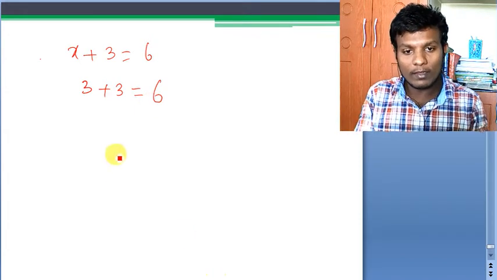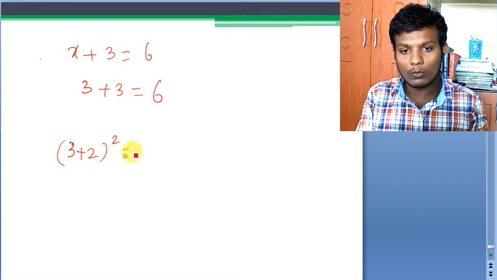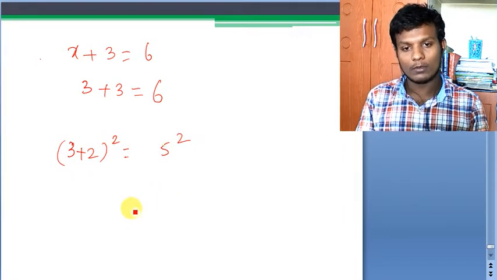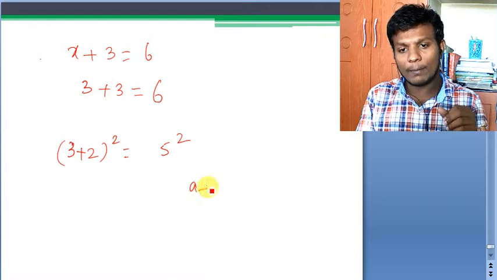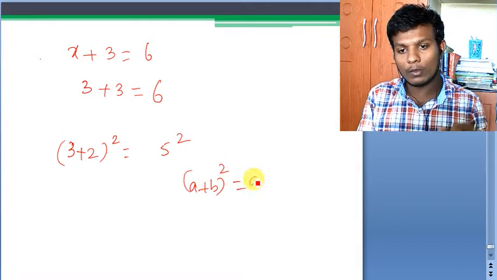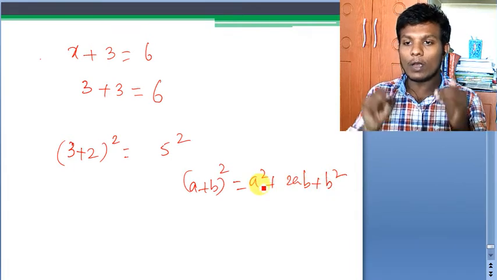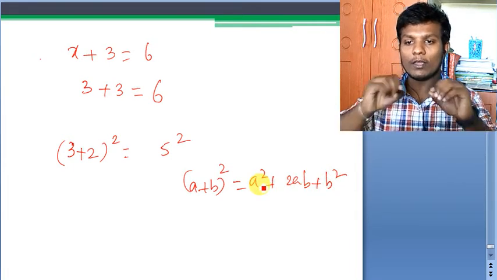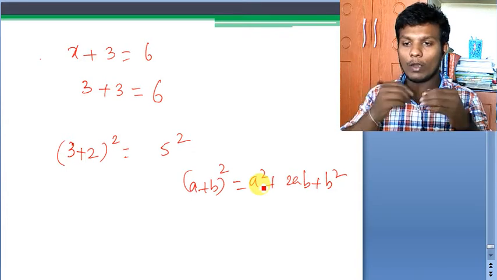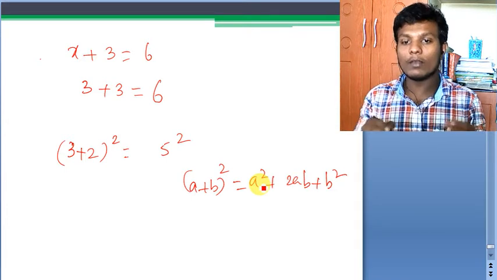But what if I say 3 plus 2 whole square is equal to 5 square? Whenever I say a plus b whole square is equal to a square plus 2ab plus b square, whatever value you substitute, you take 2, 3, 4, 5, whatever, this will still be valid.